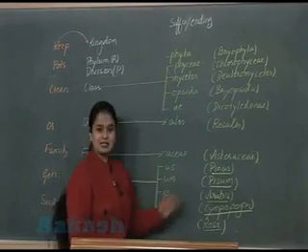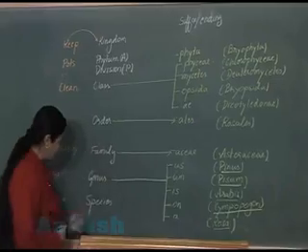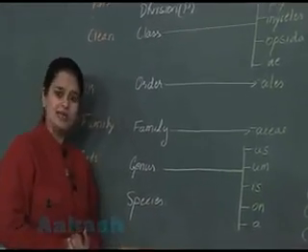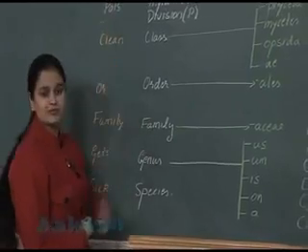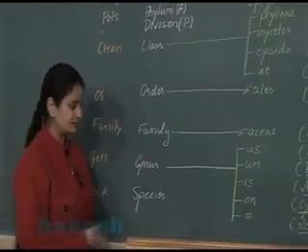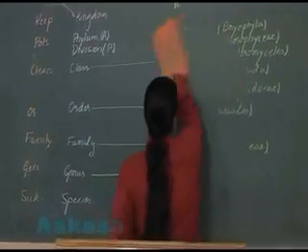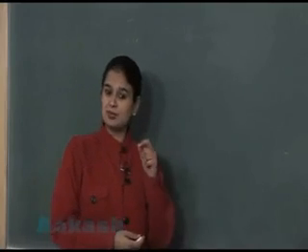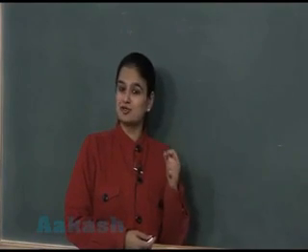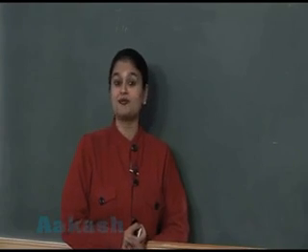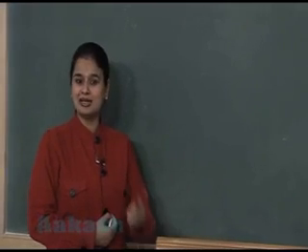Now among these 7 categories, first of all, I am going to start with species. What is species? And then after that, I will deal with the rest of the taxonomic hierarchy. The term species was given by the scientist John Ray. Species represent a group of organisms, a group of individuals which are closely related.